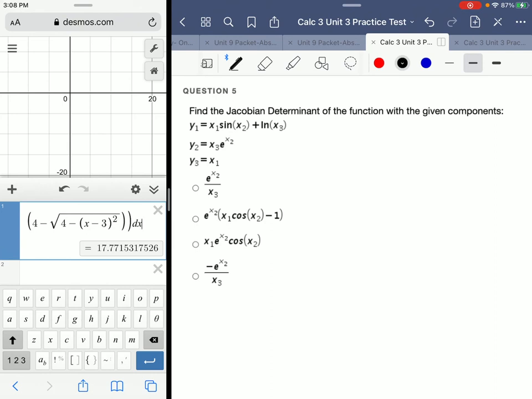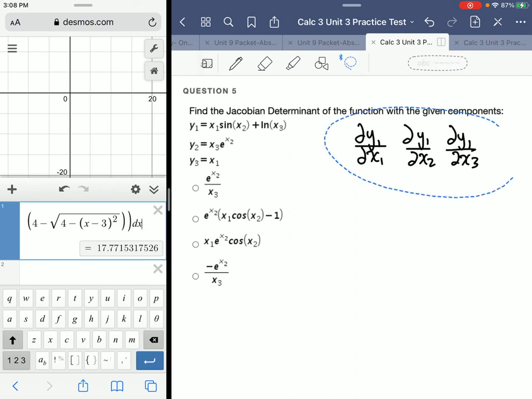I have 3 equations, 3 variables, so I'd be looking for y1 partial with respect to x1, x2, and x3, and then the same thing for y2 and y3.